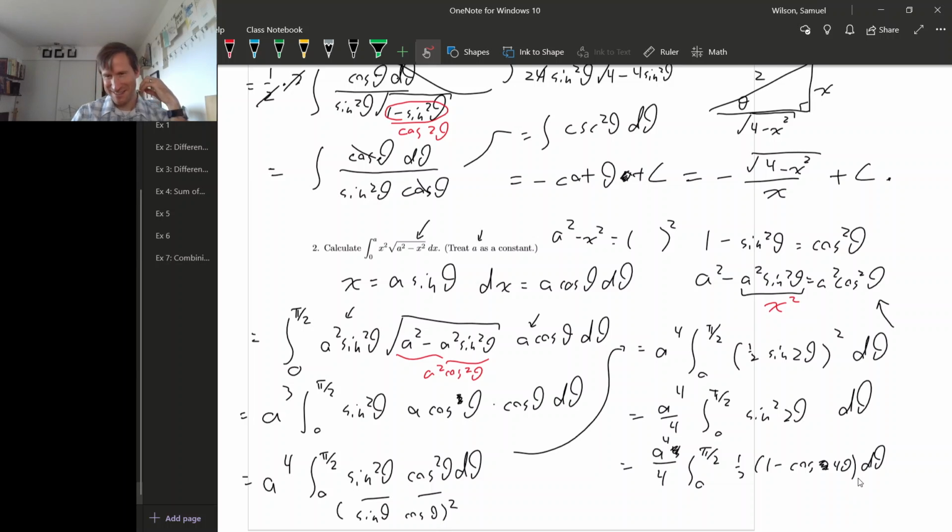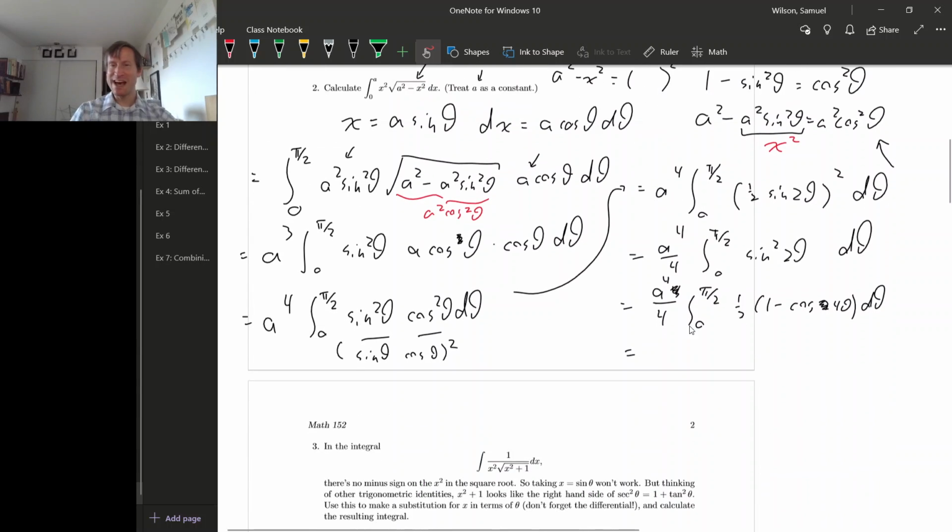Yes, okay. All right. Now we can pull this 1/2 out front. So a to the 4th over 8 times, and then integrate the stuff that's left. We get theta minus 1 over 4 sine 4 theta from 0 to pi over 2.